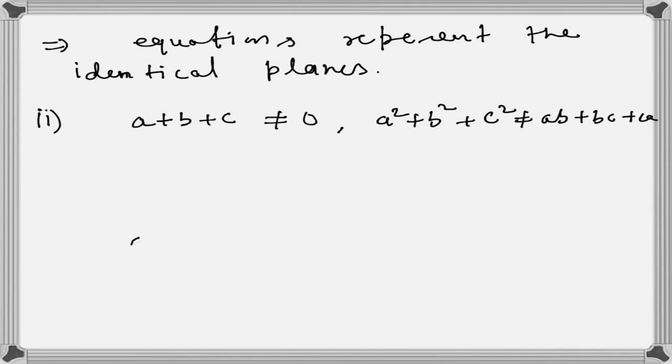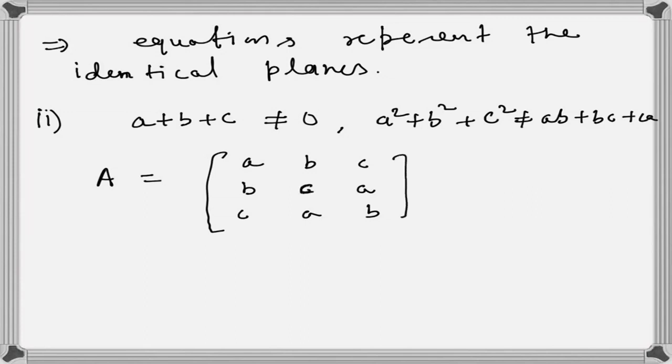Here let's take the coefficient matrix A, which is nothing but A B C, B C A, C A B. So what is the determinant of A?